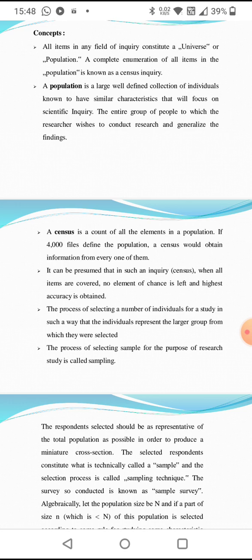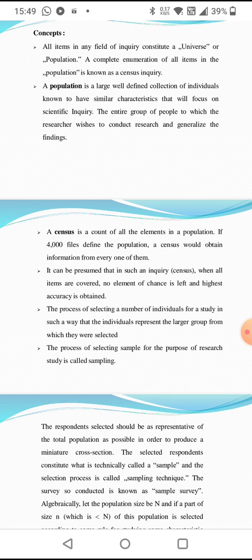It is the entire group of people to which the researcher wishes to conduct research and generalize the findings. So a census is a count of all the elements in a population. If 4,000 files define the population, a census would obtain information from every one of them. It can be presumed that in such an inquiry, when all the items are covered, no element of chance is left and the highest accuracy is obtained.